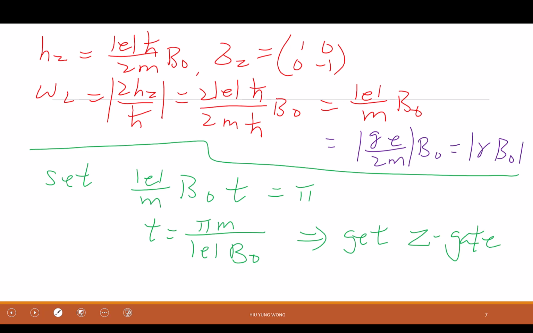This is particularly true for the superconducting qubit. I need to check whether it's true for the spin qubit. It's still a research topic, but it's difficult to turn on the DC magnetic field on and off fast enough.